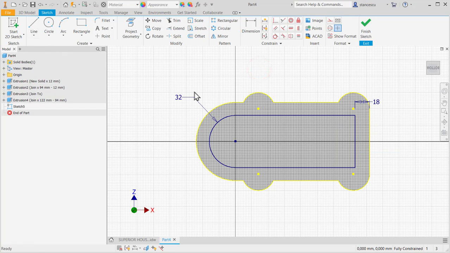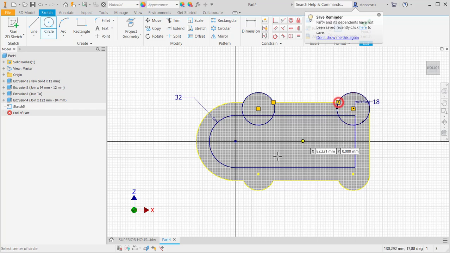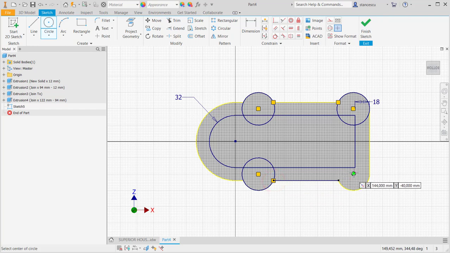And I create circles, 4 circles, choosing corners to see green circles. I mean that I don't choose this, but this. Yes.